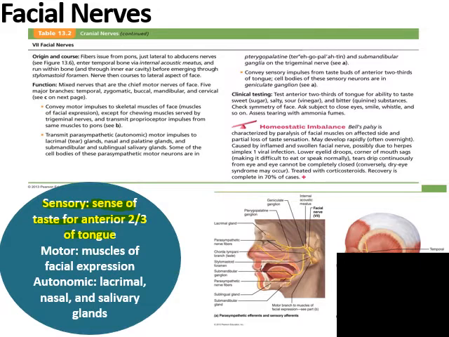And it's going to have motor information for muscles of facial expression and autonomic motor impulses for lacrimal, nasal, and salivary glands. My nasal motor autonomic glands are very active. You can hear it in my voice.